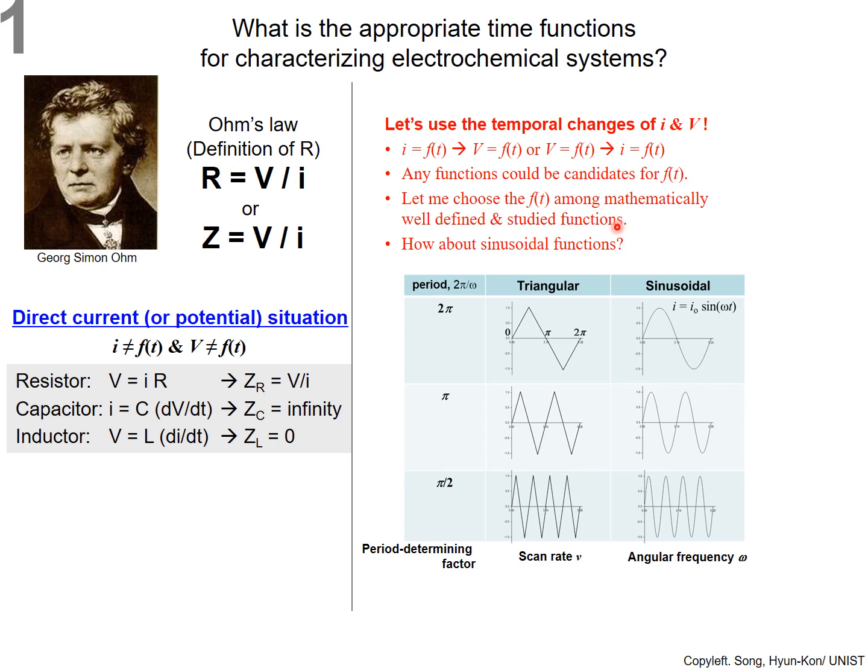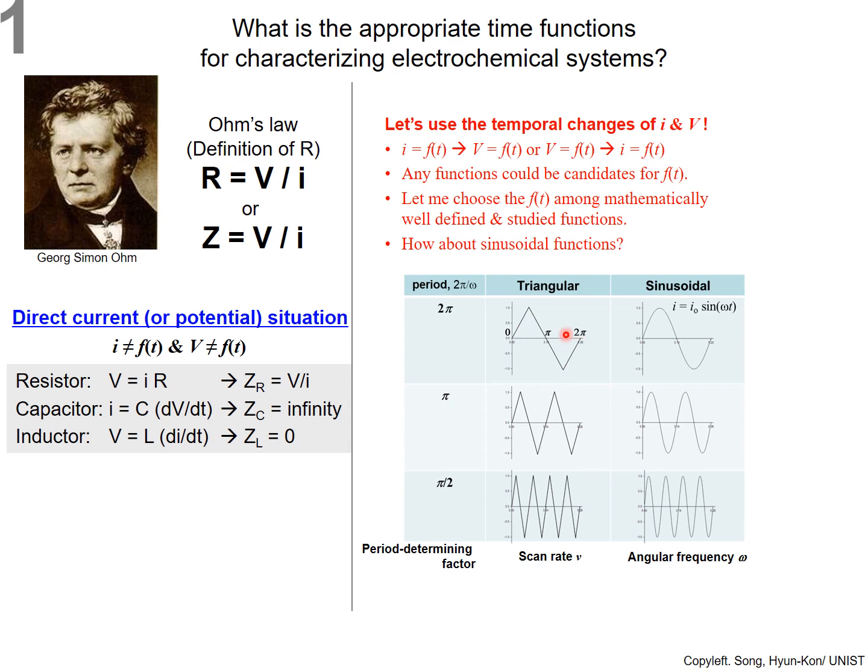So for example, how about triangular functions and how about sinusoidal functions? Let me start with the triangular function. You know what that is? This is the stimulus for the cyclic voltammograms.